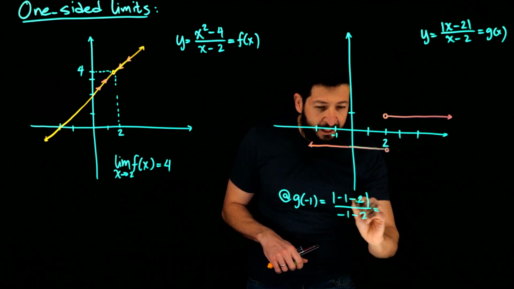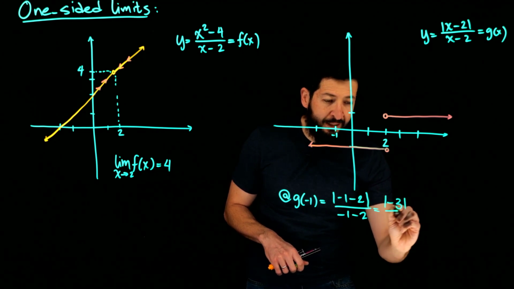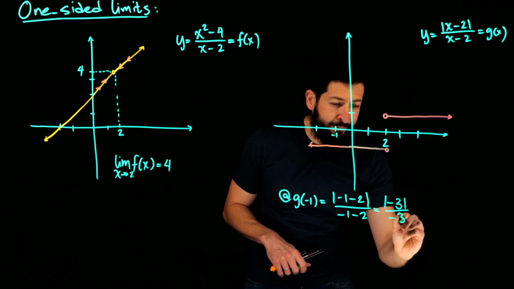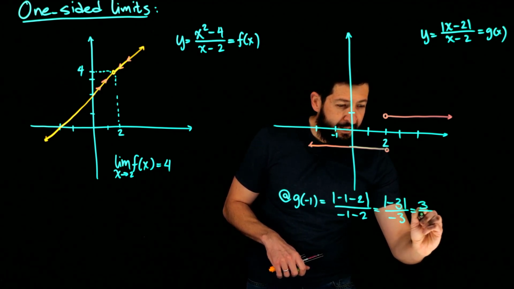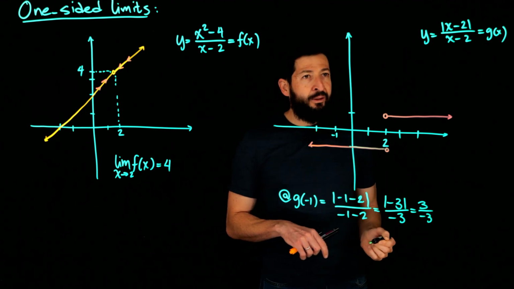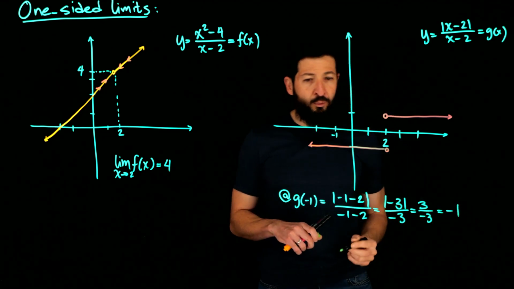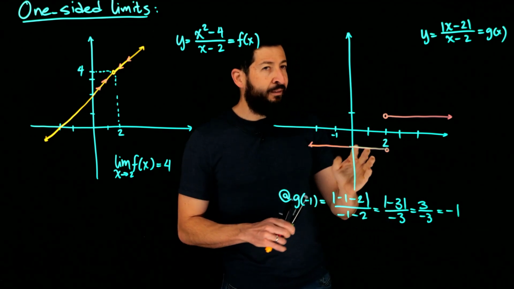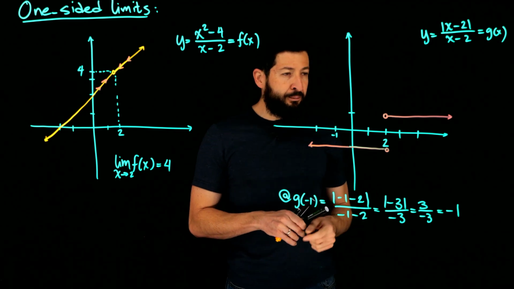Here -1 minus 2 is -3, the absolute value of that, divided by -3. The absolute value of -3 is +3, and the -3 remains like that. So when you divide, the only thing that remains is -1. That's why, for every value to the left of 2, I am getting this value of -1.